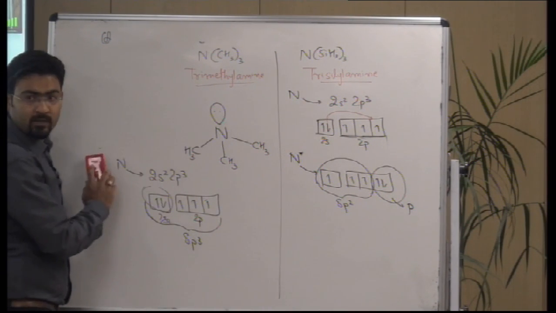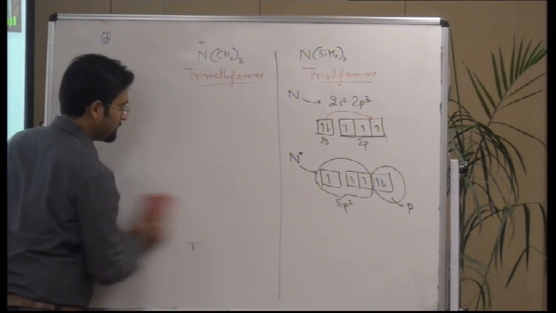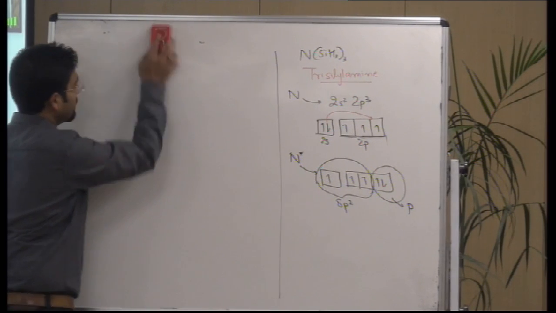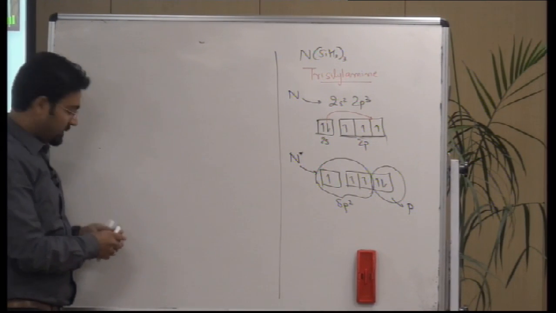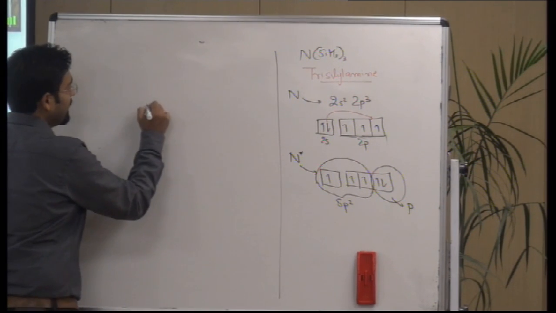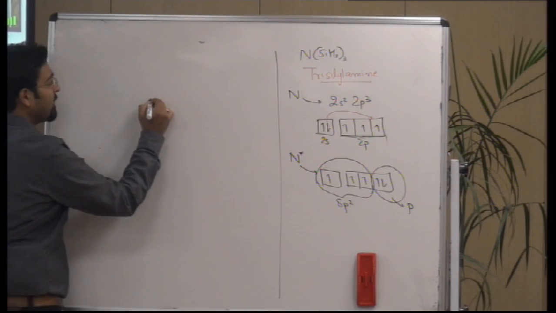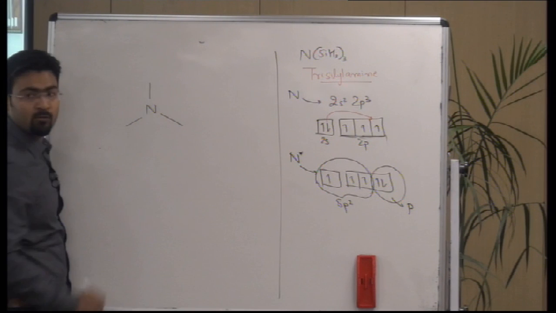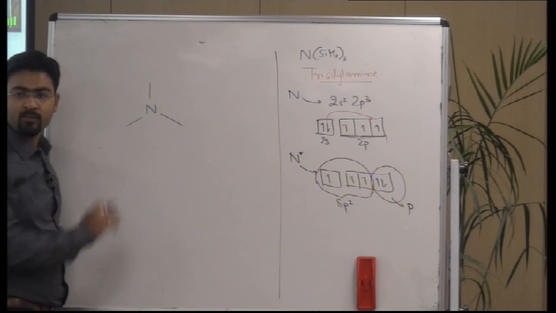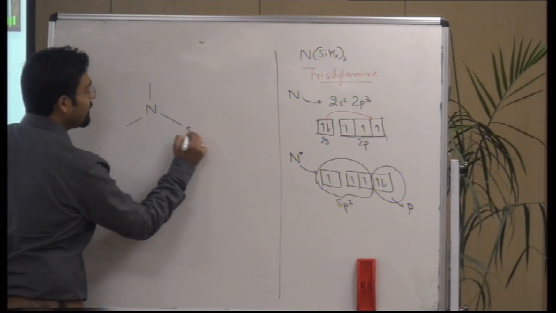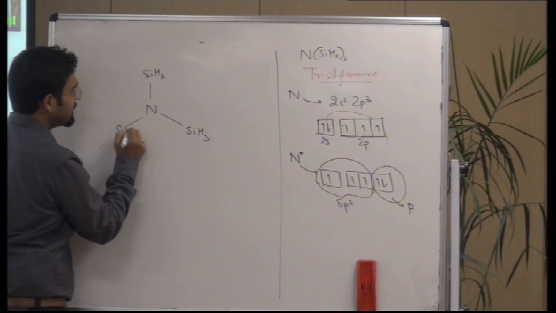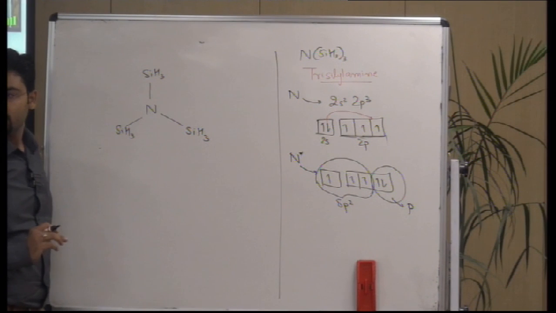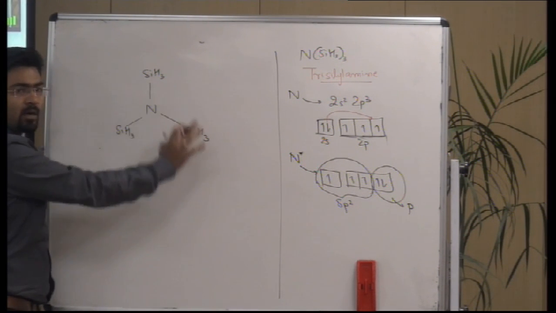The advantage of keeping this hybridization is that in sp2, nitrogen will form a trigonal planar geometry. There will be 3 SiH3 groups bonded to it, and the whole system will be in one plane, right? Which will be the plane of the board.